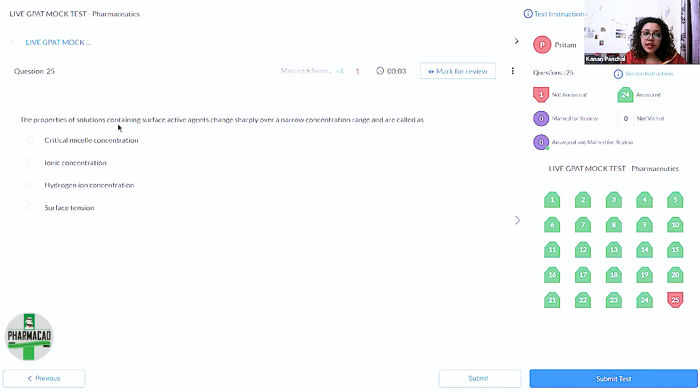Okay. The properties of a solution containing surface active agent change sharply over a narrow concentration range and this is called. Has Anuja answered? Namira, Sejal. Has Sejal answered? Sejal, unmute your mic.